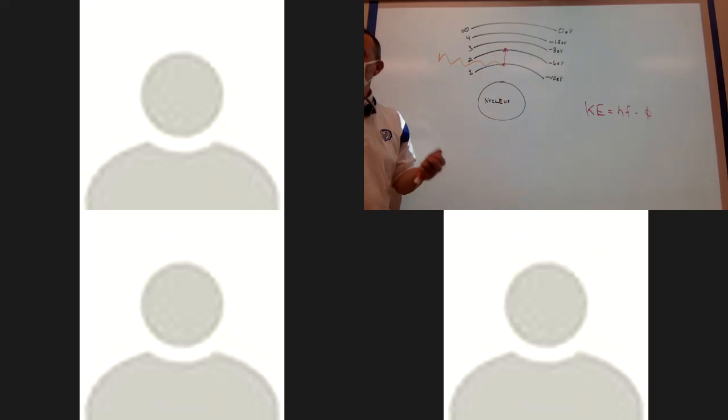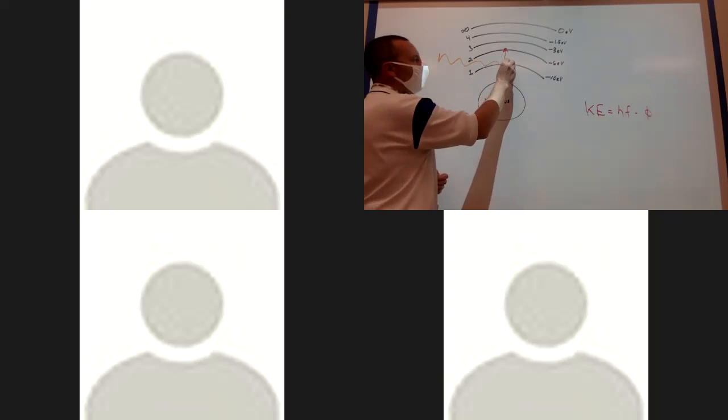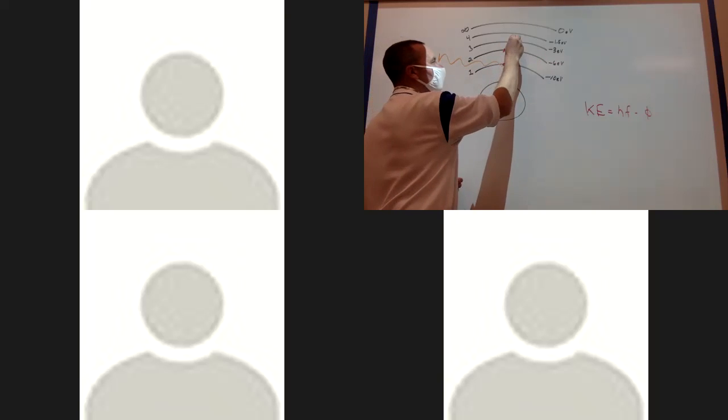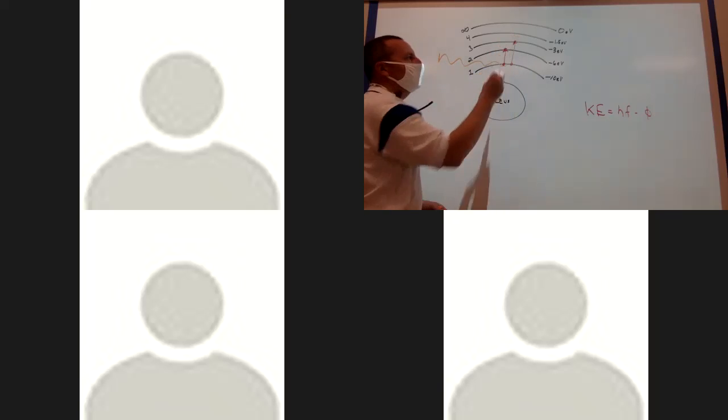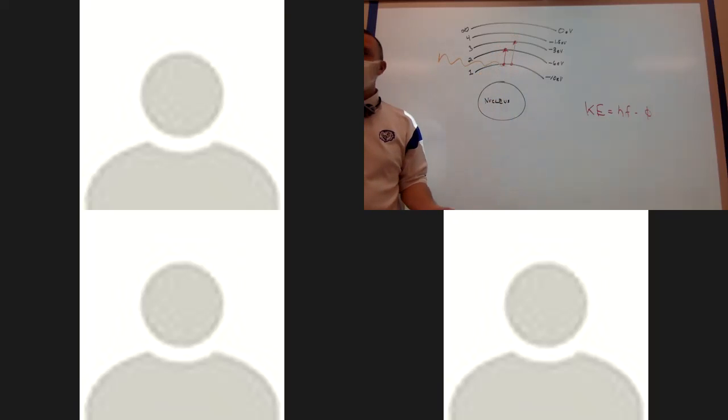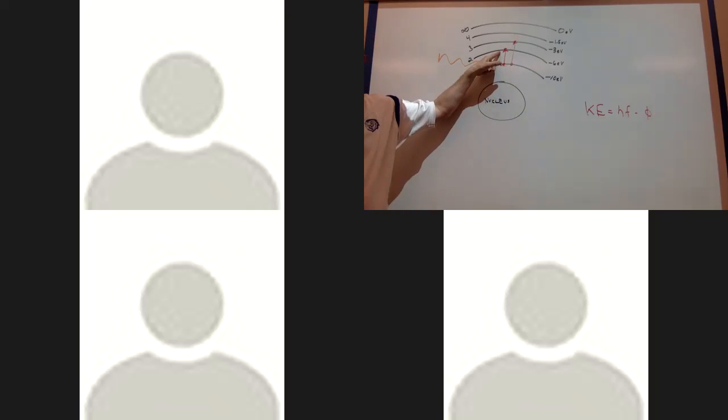If it has 7 electron volts, it could bump it to there and end up there, right? That makes sense? That's simple. What happens if it has 5 electron volts? What happens to the electron? Logic would say, well, that's enough to get to the second level and has a little extra.